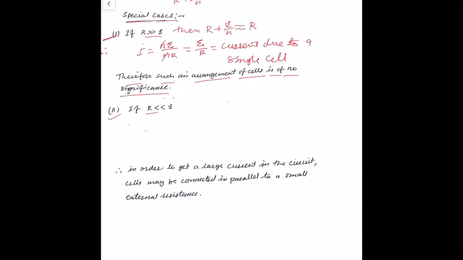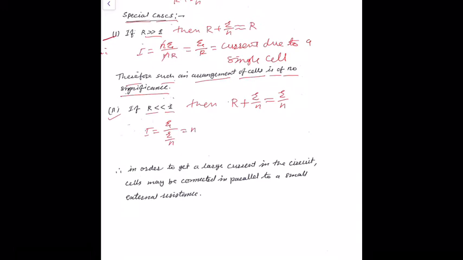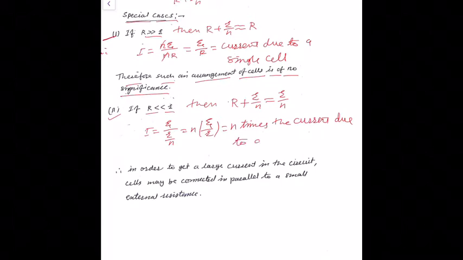Second, if capital R is very much less than small r, then R + r/n is approximately equal to r/n. Therefore, equation 1 becomes I = E/(r/n), or nE/r, which is n times the current due to a single cell.